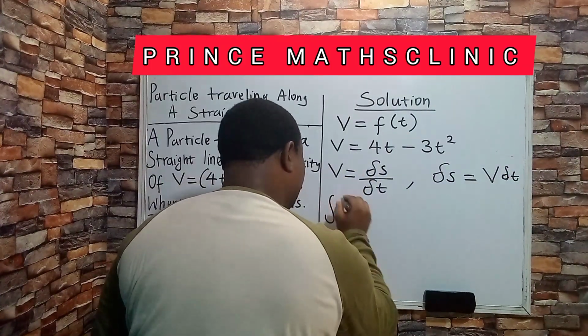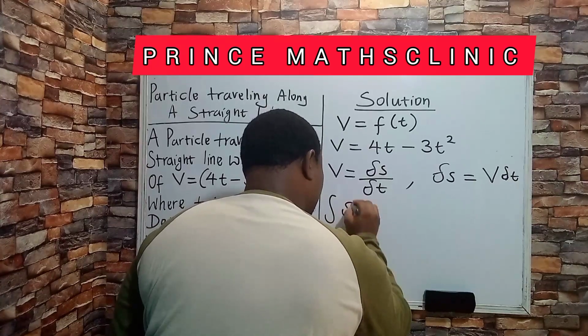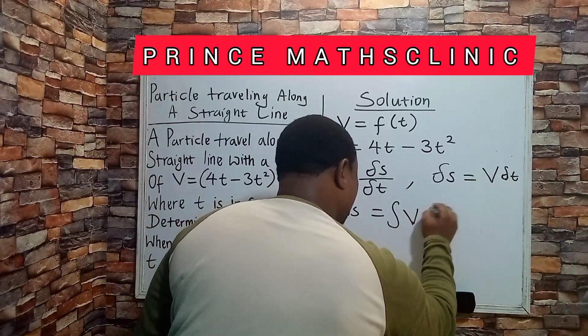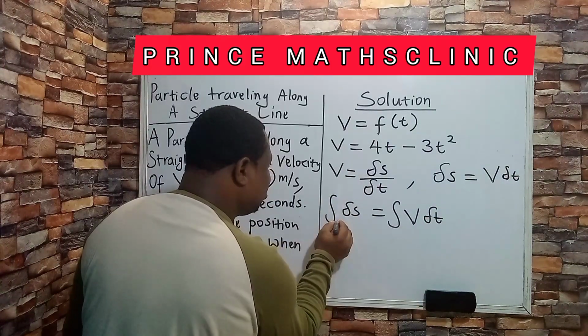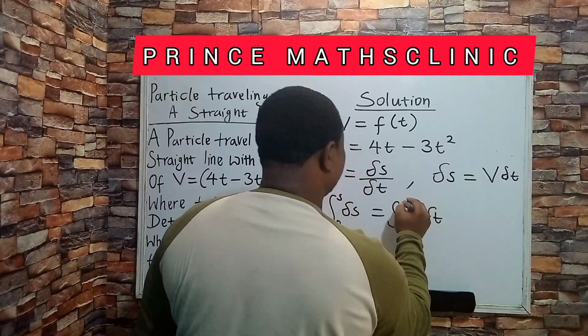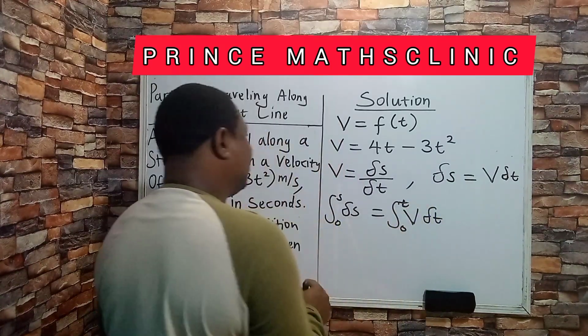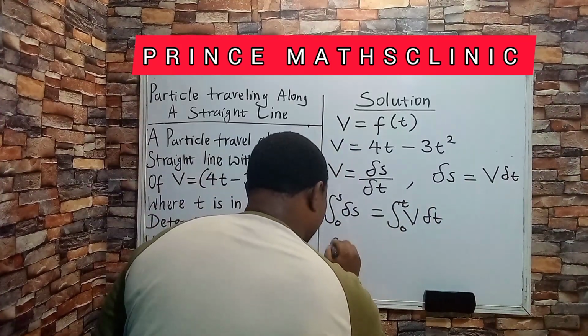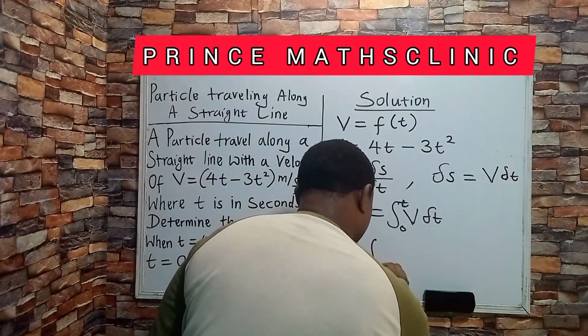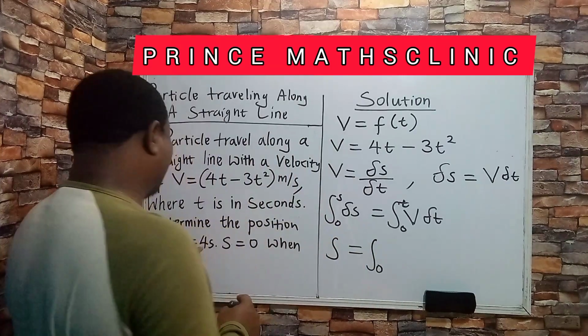So if I integrate ds and integrate v dt, I integrate this from 0 to s and this from 0 to t. Good. So if I integrate, I'll get s, with limits now 0 to 4, since we were given that t is 4.